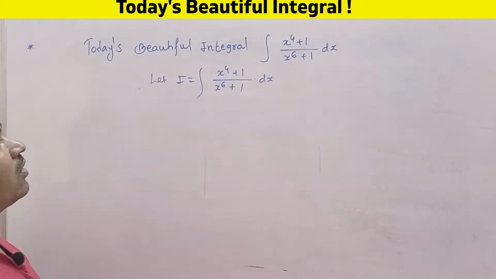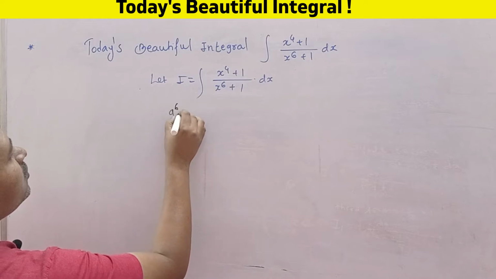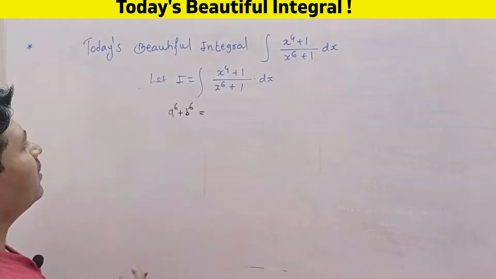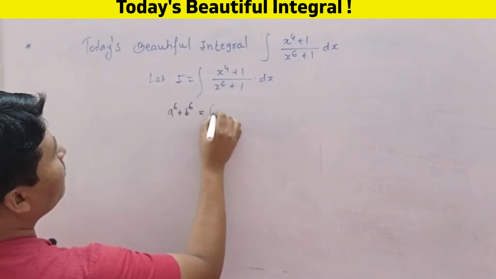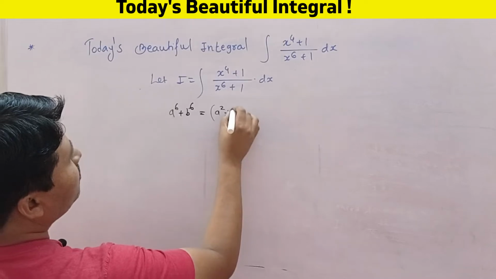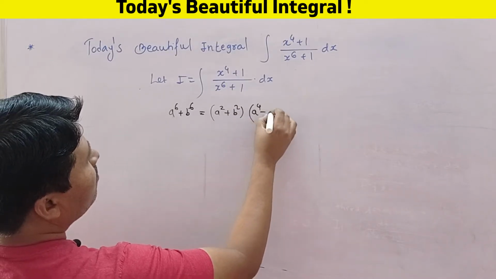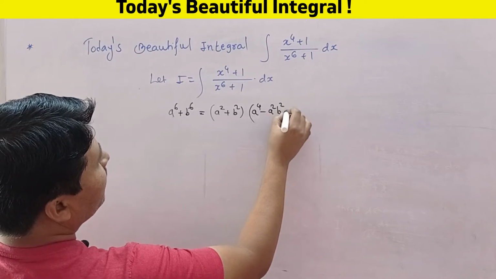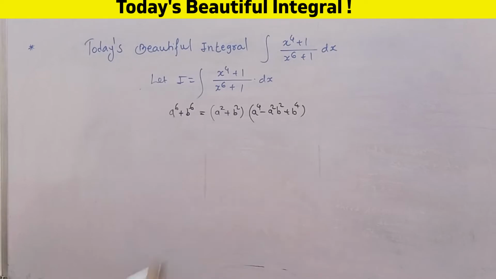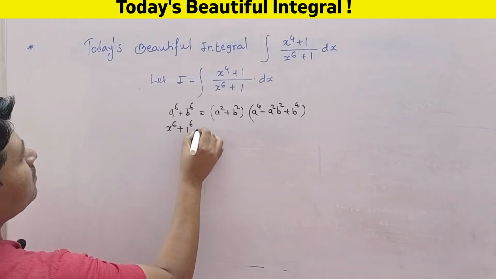We know the related formula for a^6 + b^6, and we can find the factors. It is (a^2 + b^2) times (a^4 - a^2 b^2 + b^4), so we can find the factors for x^6 + 1^6.